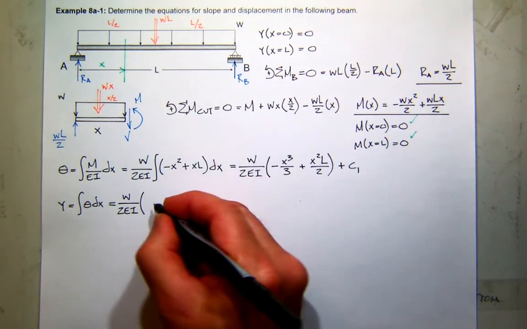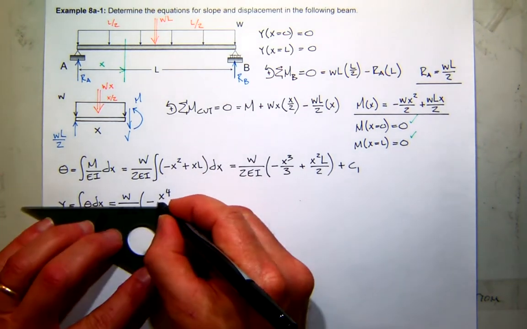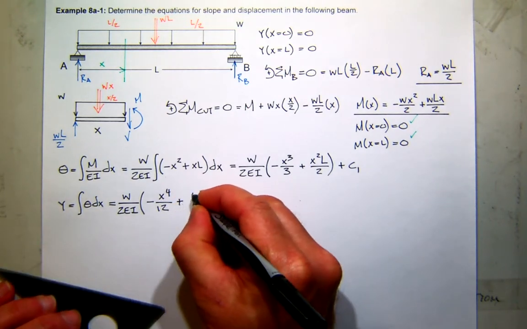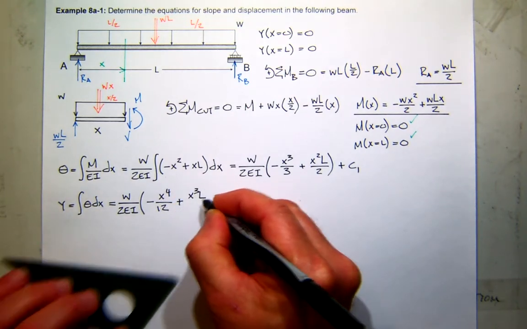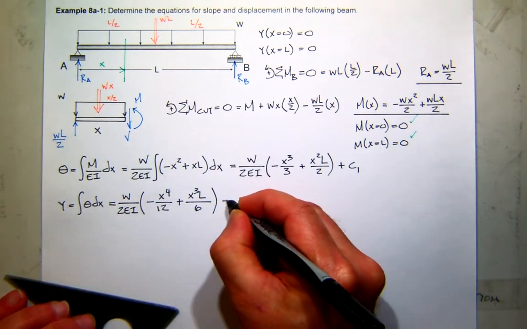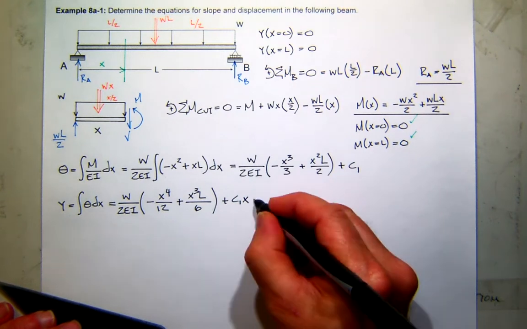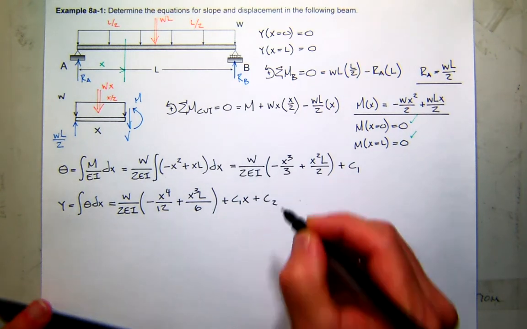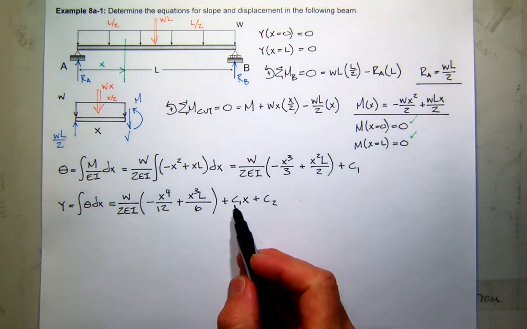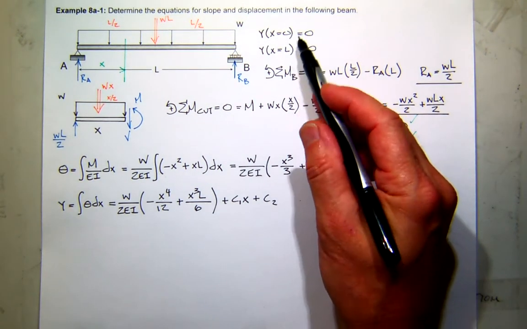So the integral of this will be minus x to the 4th divided by 12 plus x cubed L over 6 plus C1 integrated is C1x plus a second constant C2. So all I have to do now is evaluate C1 and C2 to match these displacement conditions.